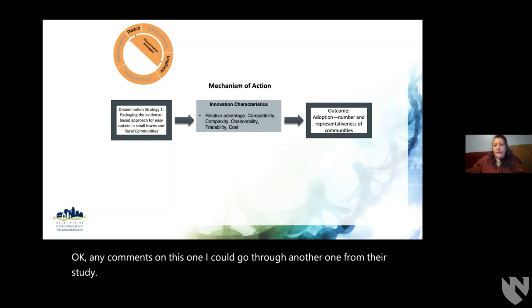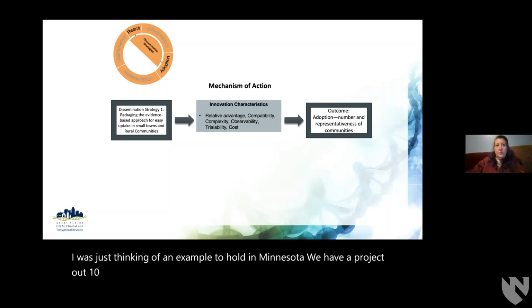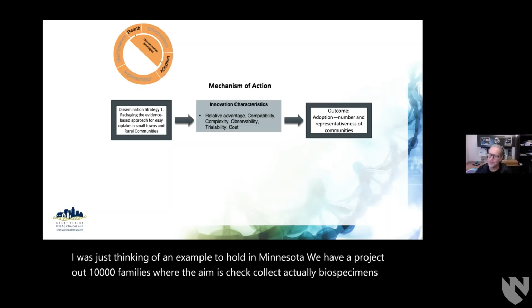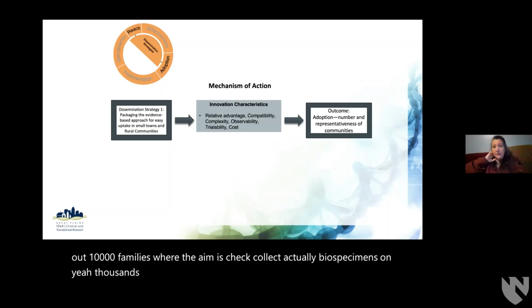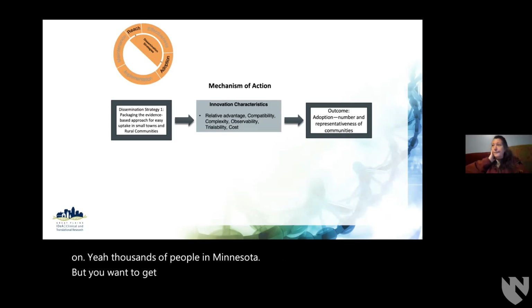Well, I was just thinking of an example too, Paul. In Minnesota, we have a project called 10,000 Families, where the aim is to collect biospecimens on thousands of people in Minnesota. But you want to get a really good, a diverse sample.